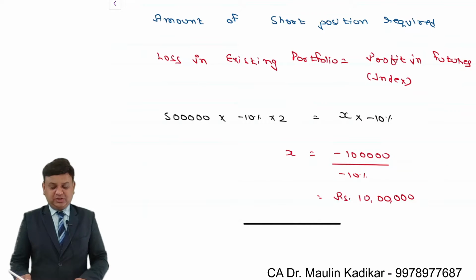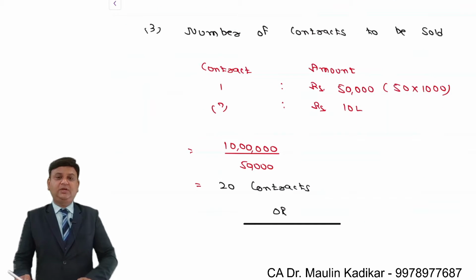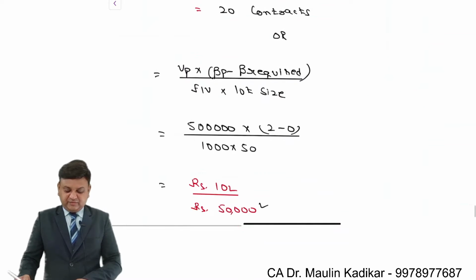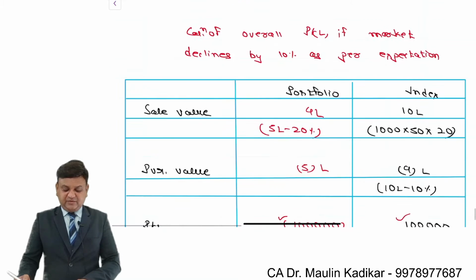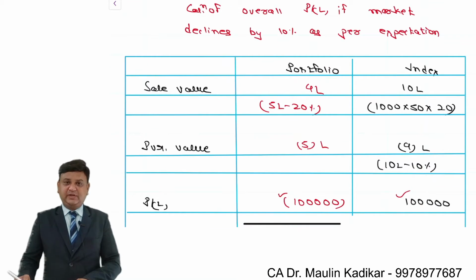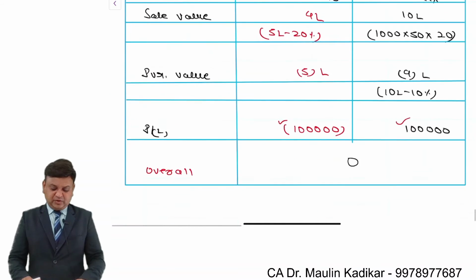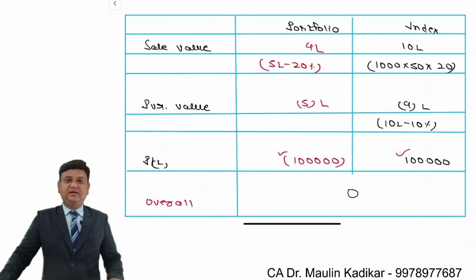For that, say the logical working, and at the same time, in the third question, number of contracts to be entered upon, for which you can apply a formula for the purpose of doing answer. And finally, a kind of cross verification that your risk is completely nullified if at all you are entering into the transaction like this. This is the way we can write the answer.